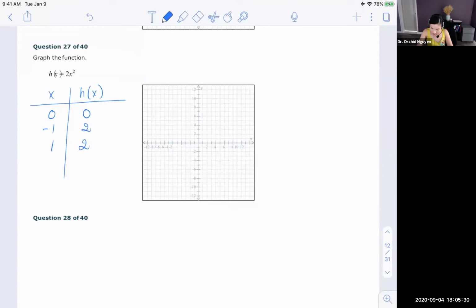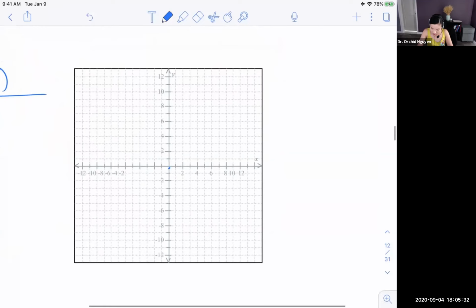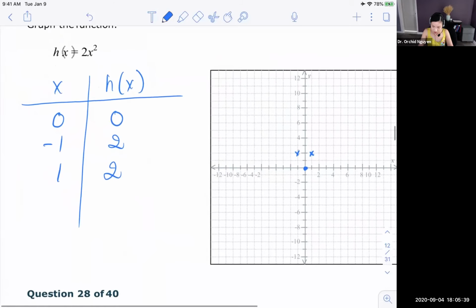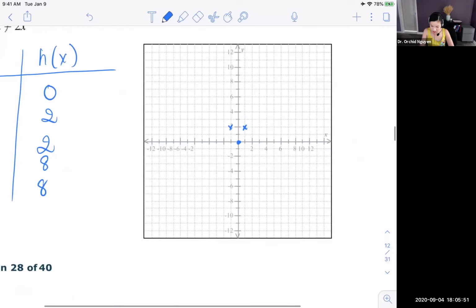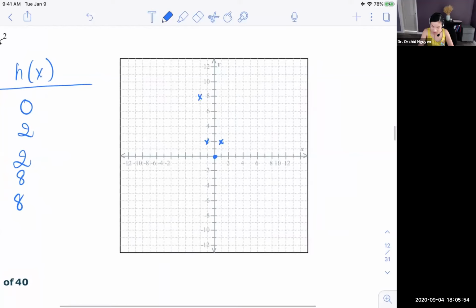So I have 0, 0, and if you want to pick two more, that would be -2 and +2. But it's going to be really high. You're going to get 8 here and 8 here. You should get the same values for left and right.